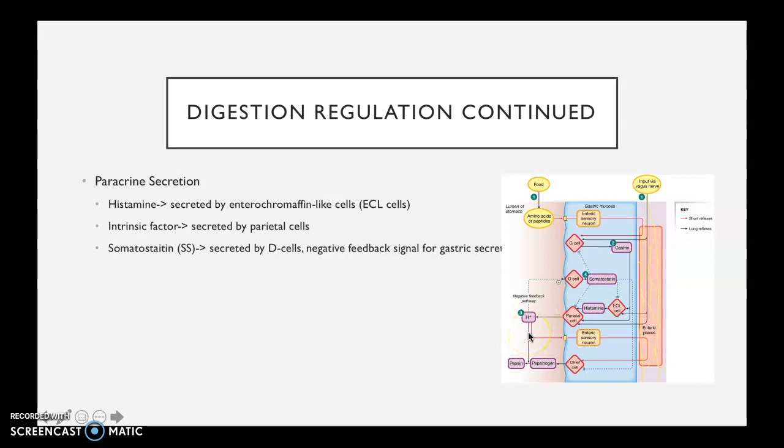The acid is important for the production of pepsin, and pepsin breaks down proteins for digestion. And then you can also see here, as we talked about the SS and the ECL cells and histamine, they all work very closely together to regulate digestion and regulate the secretions needed for digestion.